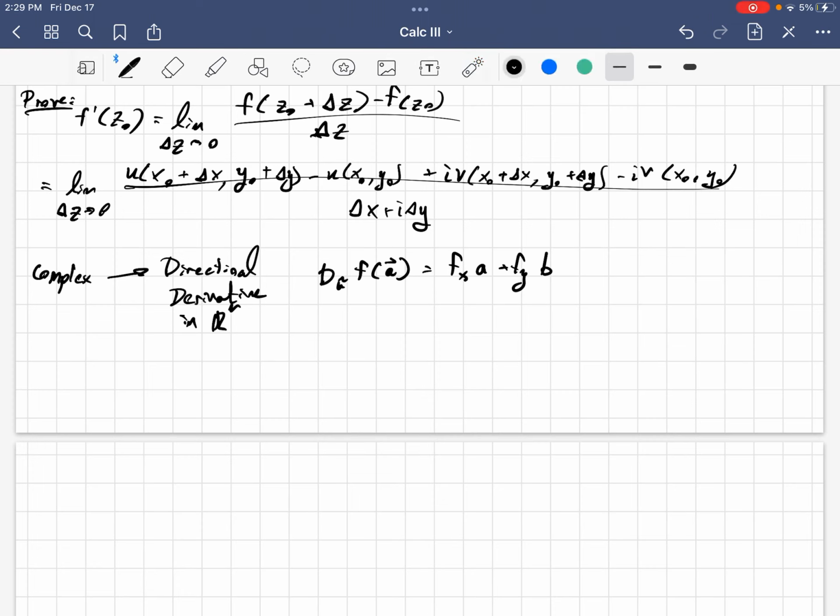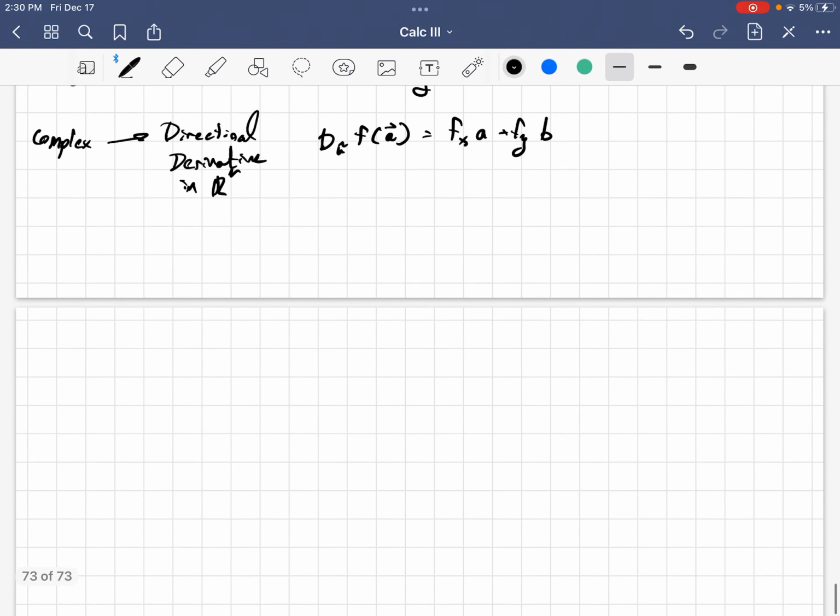And so what I'm really getting at is that in order to show this limit is unique, I only need to check two directions. In other words, along purely the real and purely the imaginary axis. And if those are the same, then everywhere else will be unique because of this fact that the directional derivative can be written as a linear combination of the directional derivatives in the direction of the standard basis vectors.